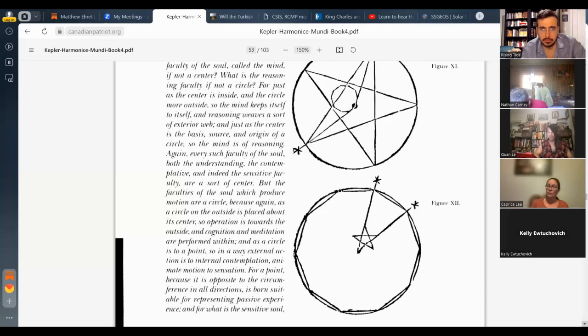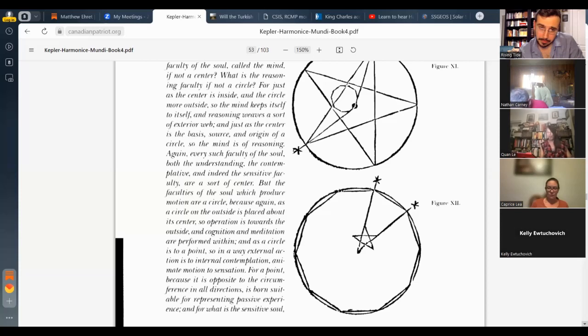But the faculties of the soul which produce motion are a circle, because again, as a circle on the outside is placed about its center, so operation is towards the outside. And cognition and meditation are performed within. And as a circle is to a point, so in a way, external action is to internal contemplations, animate motion to sensation.